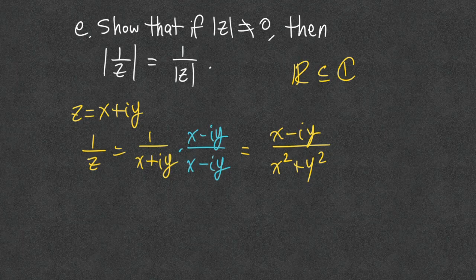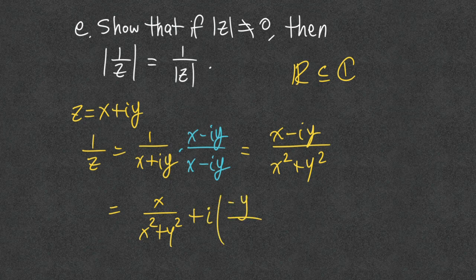And then I can essentially divide this into both of these terms. Okay, and so this is going to equal x divided by x squared plus y squared, plus i times negative y over x squared plus y squared.